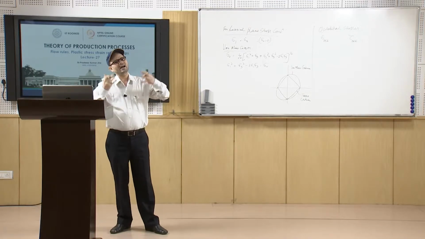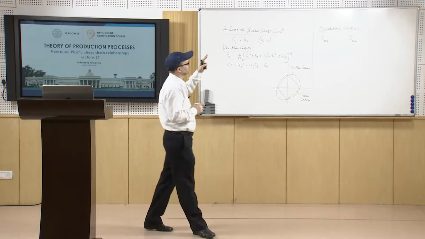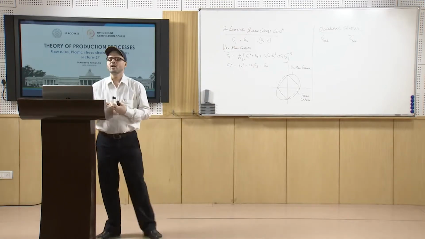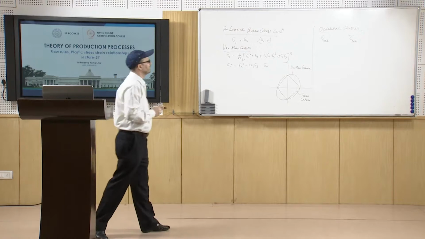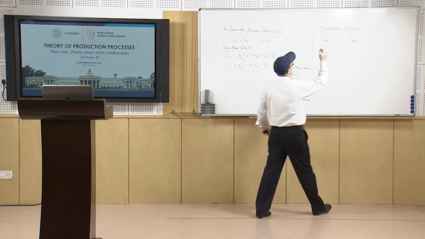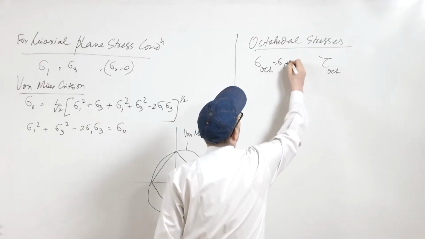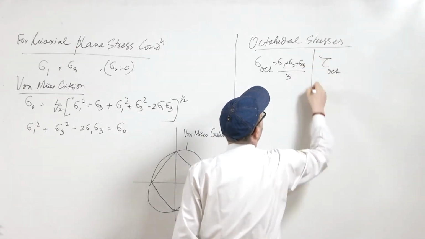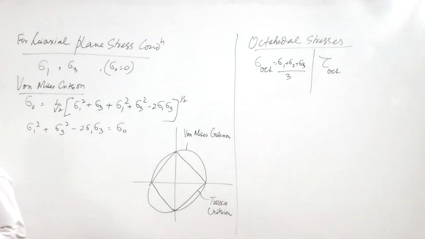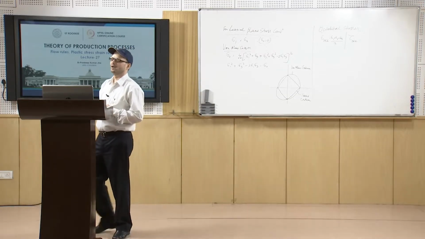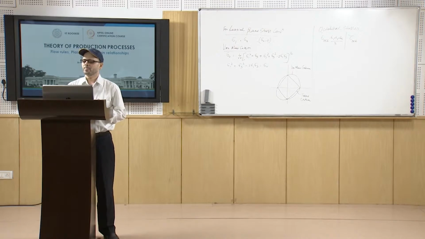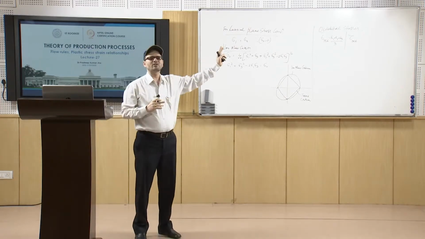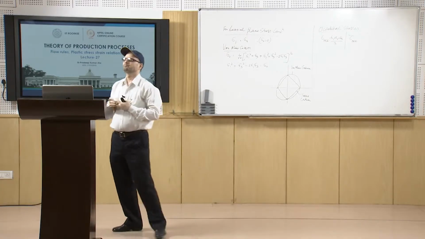As we have seen earlier, in the case of the normal or mean component, we take the mean of the values. So, this is sigma 1 plus sigma 2 plus sigma 3 by 3. This octahedral normal stress is the same as the hydrostatic component of the stress.